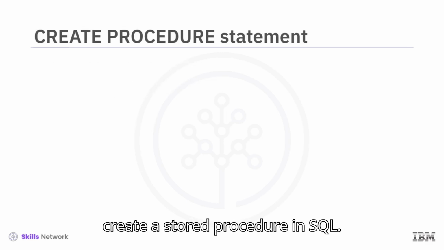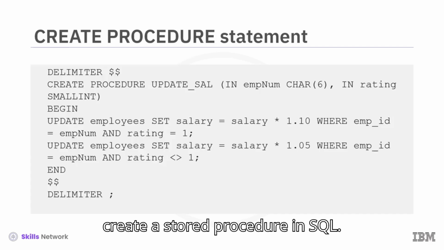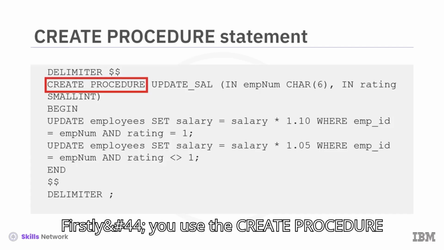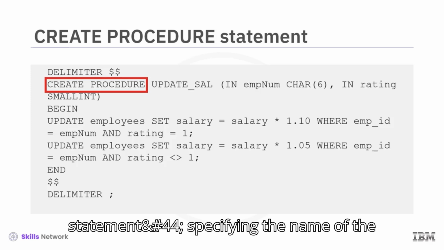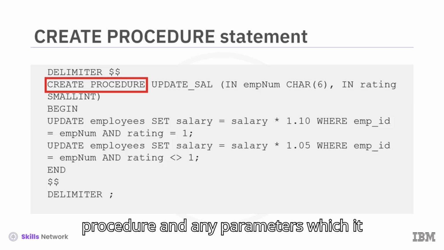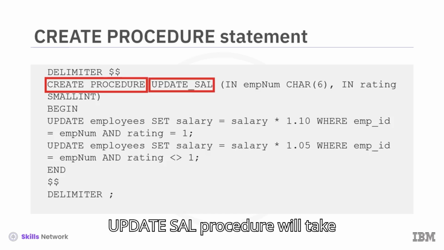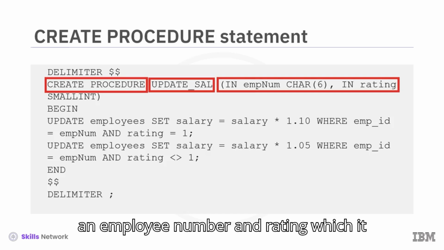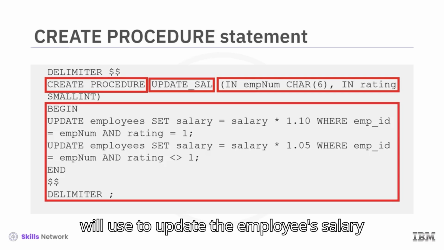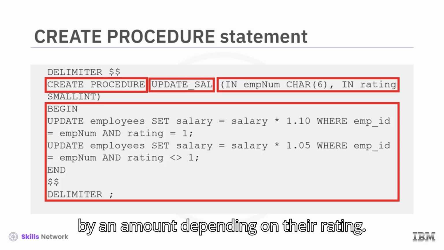So let's look at how to create a stored procedure in SQL. Firstly, you use the Create Procedure statement, specifying the name of the procedure and any parameters which it will take. In this example, the update_sal procedure will take an employee number and a rating, which it will use to update the employee's salary by an amount depending on their rating.